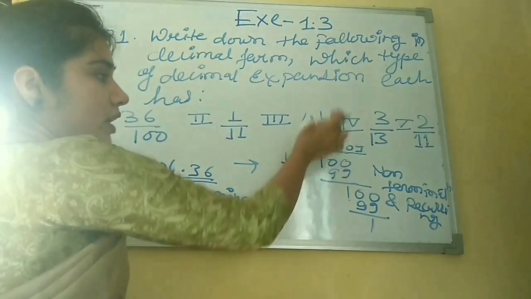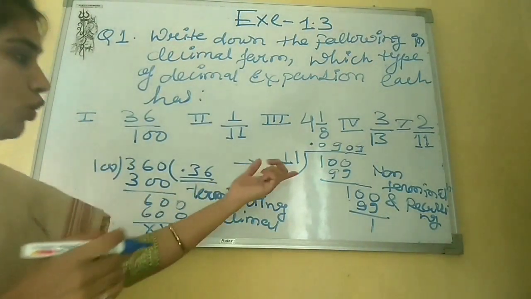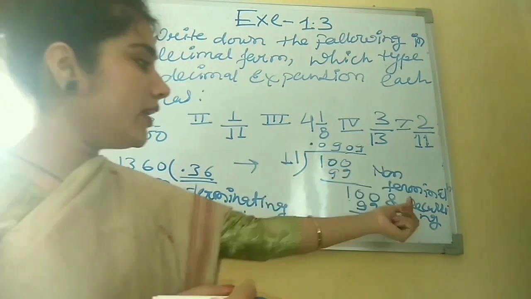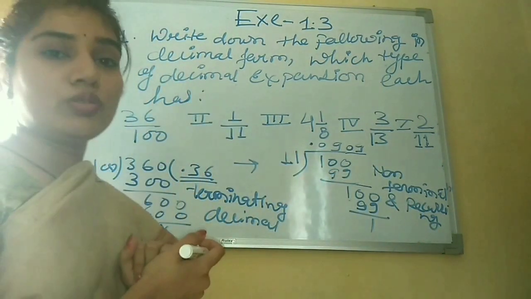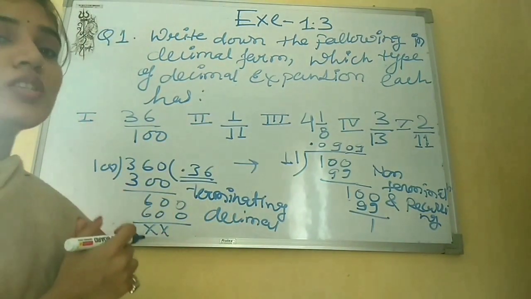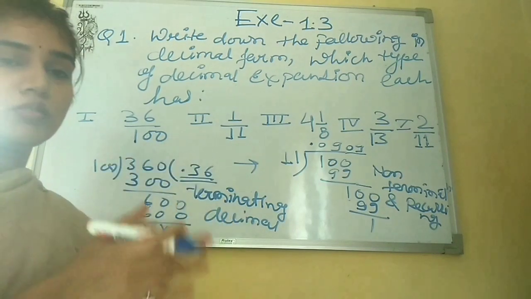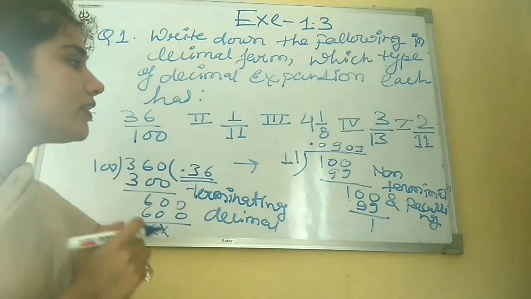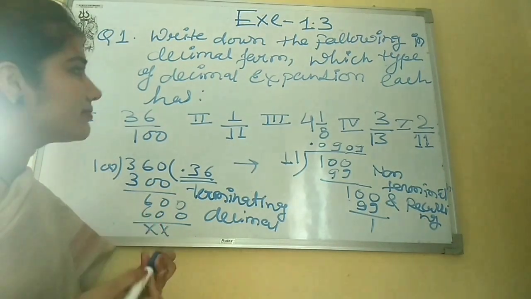You are seeing the 09 is repeating infinite times. So we will say non-terminating and recurring type of decimal. The rest of the questions you should solve yourself. If you get any problem, just add that problem in the comment section, then I will provide you the solution.